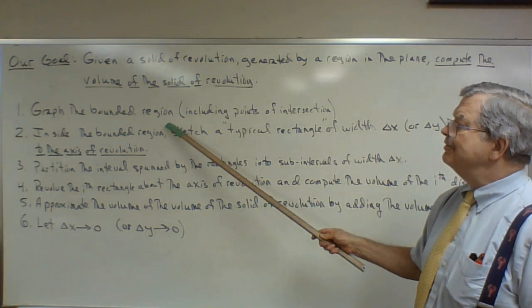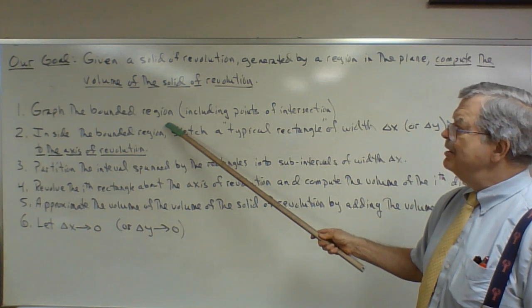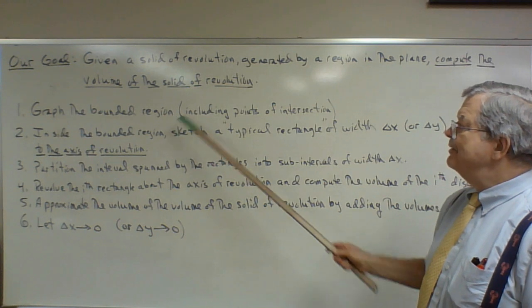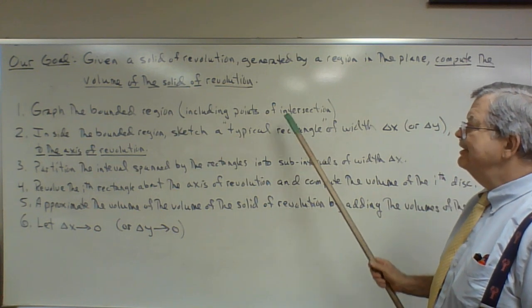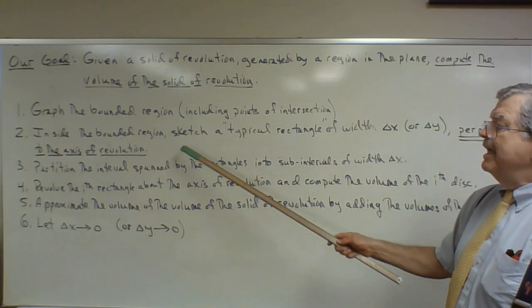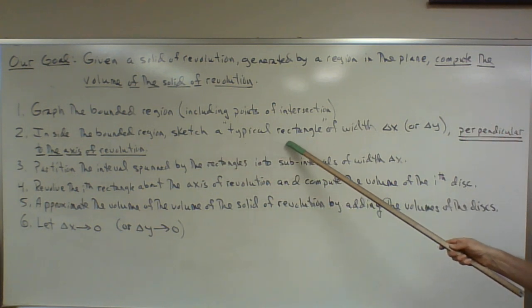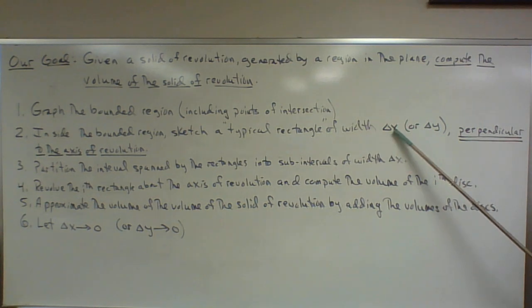So as is the case with an area problem, with a volume problem, we graph the bounded region, including the points of intersection. Inside the bounded region, we inscribe a typical rectangle of width delta x or delta y.